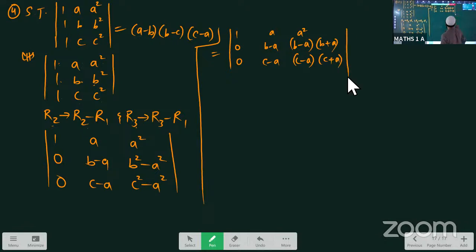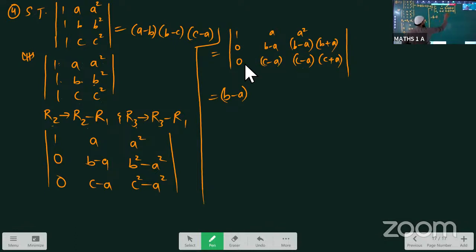Now again using determinant property, b minus a is there everywhere, and 0 can be written as 0 into b minus a. So from row 2 I am taking b minus a common. In the same way, from row 3, observe here we have c minus a, and 0 is nothing but 0 into c minus a.